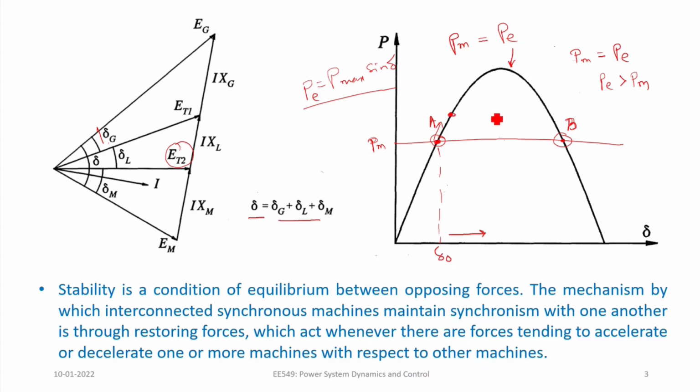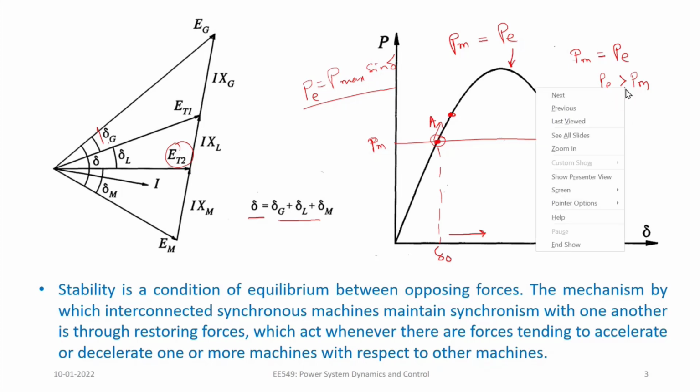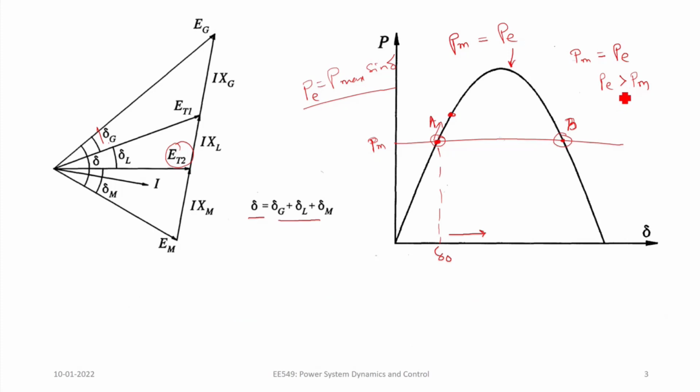Your P will, sorry, P becomes less than Pm in that condition. Because the load is decreasing, the electromagnetic torque will also decrease, so P will become less than Pm, because Pm is constant here.